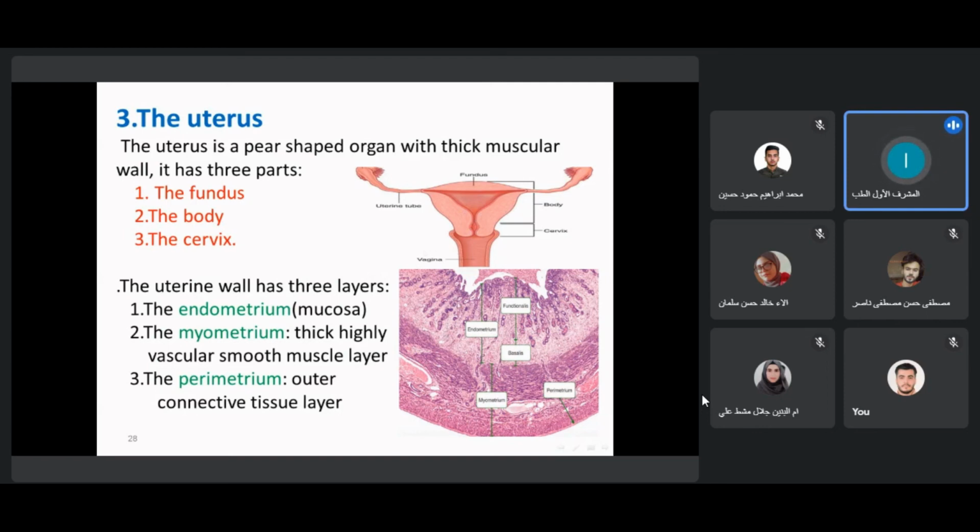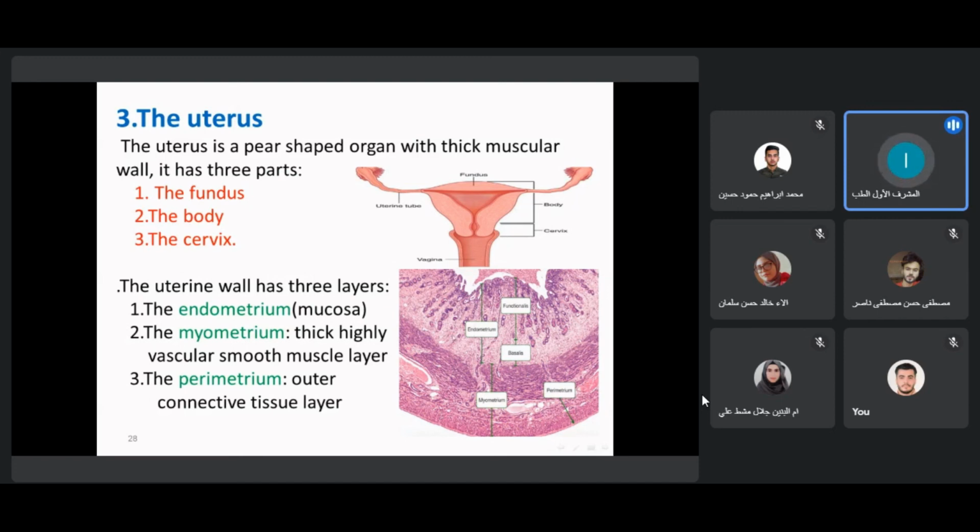The lining mucosa layer, and here in the uterus it is called the endometrium. The muscular wall, which is a thick and highly vascularized smooth muscle layer called the myometrium, and an outer connective tissue layer called the perimetrium.